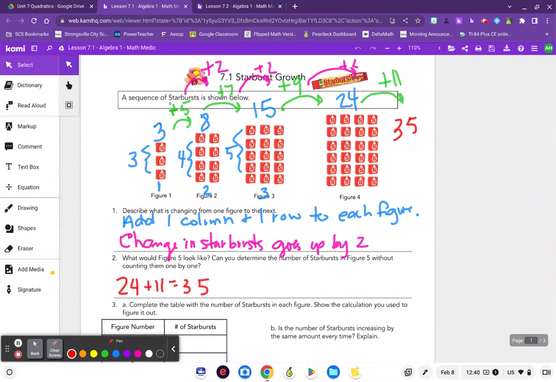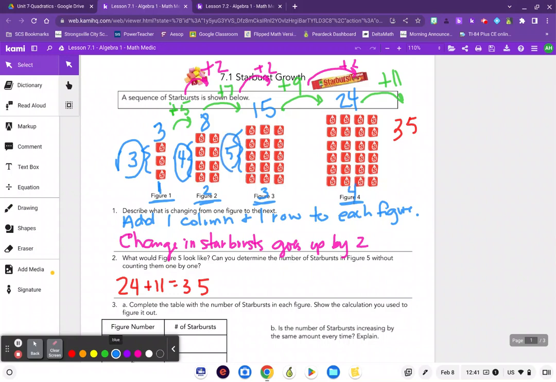But something else that I noticed as I was drawing out in blue here, I noticed the figure number matches my number of columns. And I also noticed that my rows happen to be 2 more than my figure number, right? So in figure 1, I have 1 column and 3 rows. In figure 2, I have 2 columns and 4 rows. In figure 3, I have 3 columns and 5 rows.